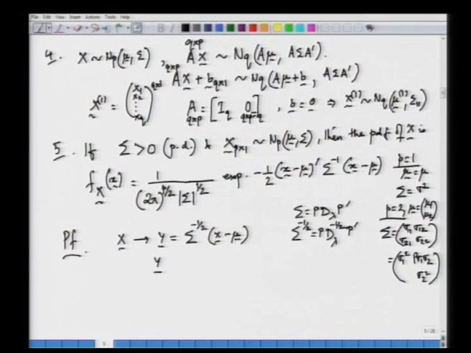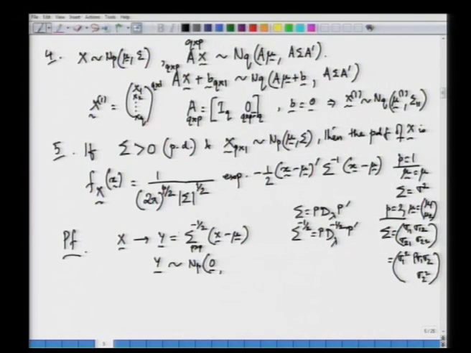So, by the previous result, I immediately have that. Now, this being a p by p matrix, y follows a p-variate normal, obviously now with mean as the null vector, and the covariance matrix we have seen is A sigma A prime.